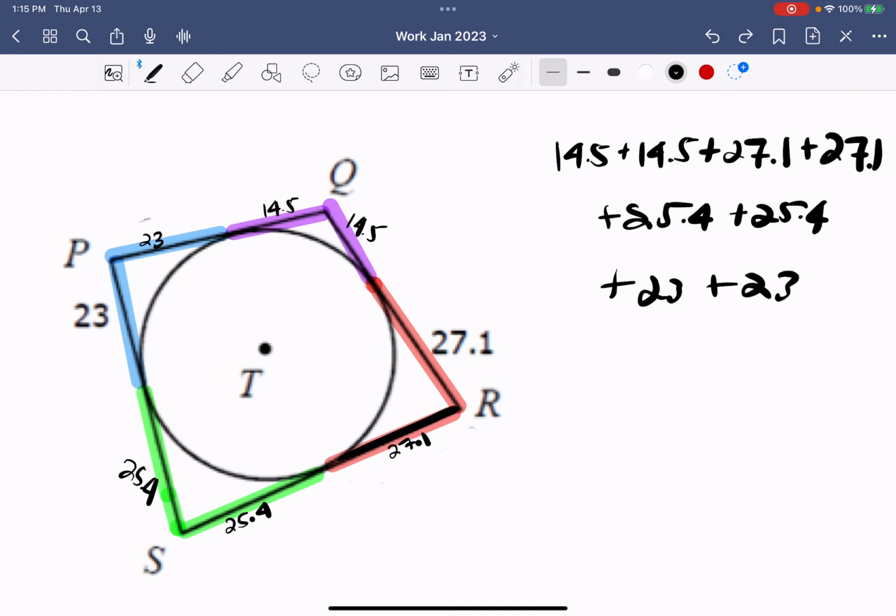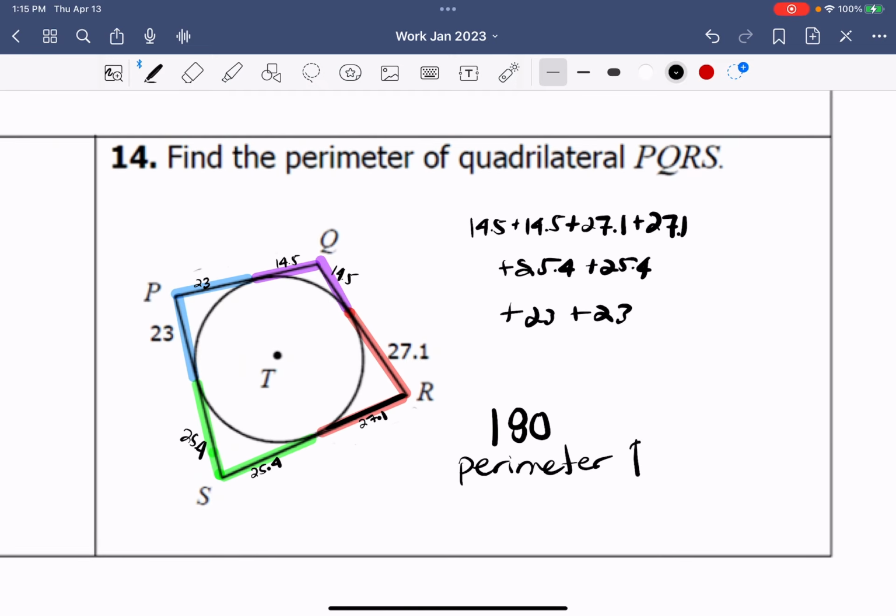Plus 46. Okay, I got 180. I'm not sure if that's right, but I think so. So that would be the perimeter of P, Q, R, and S.